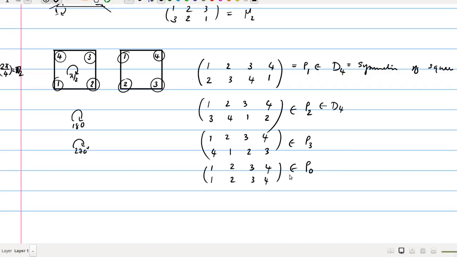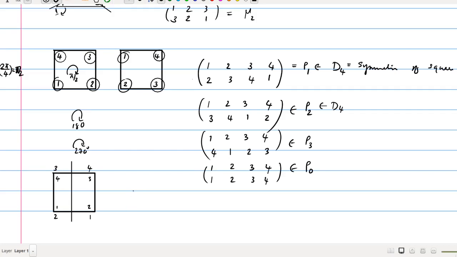Okay, in a similar fashion you can consider the perpendicular bisector symmetry of the same square. When you consider the perpendicular bisector like this, if this perpendicular bisector is a mirror, then it reflects this one over here, and 2 is here, this is 1 here, and 2 is here, and at the place of 3 you can see 4, and at the place of 4 you can see 3.